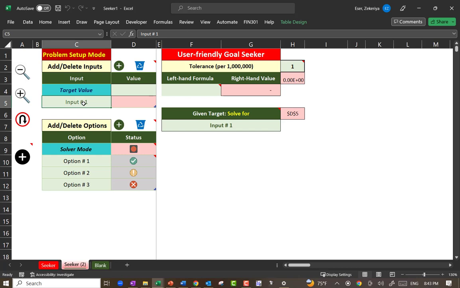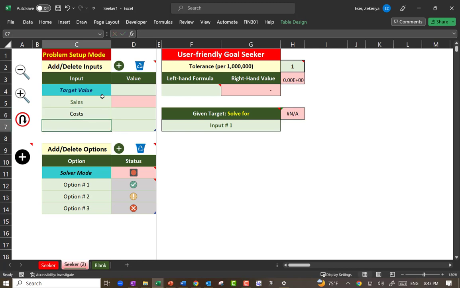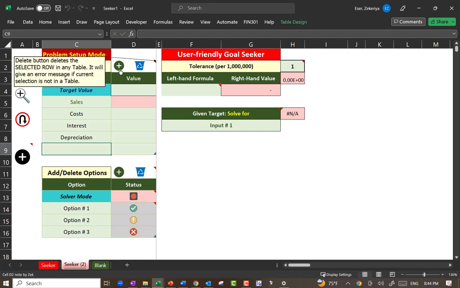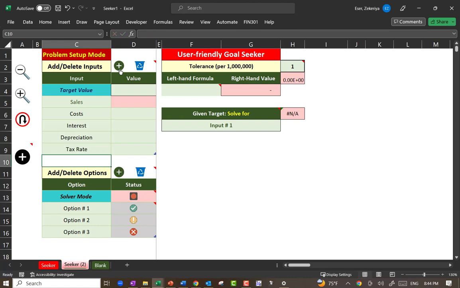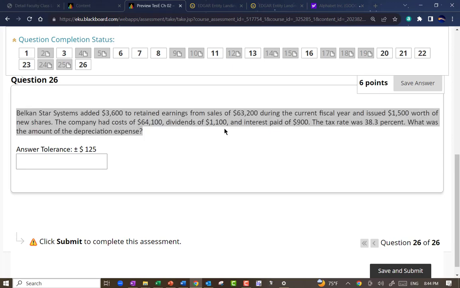I'm going to have my inputs: sales, costs, interest, depreciation, and one more, tax rate. Obviously, how many new shares issued, we don't care. We know the retained earnings and we know the dividends.